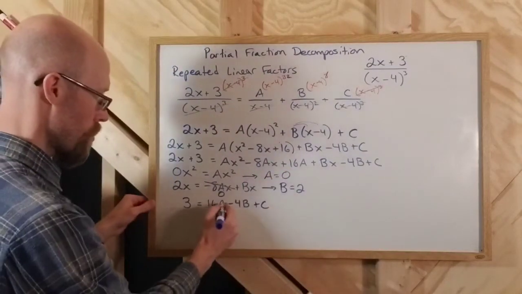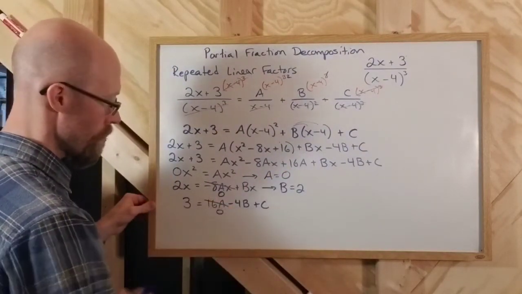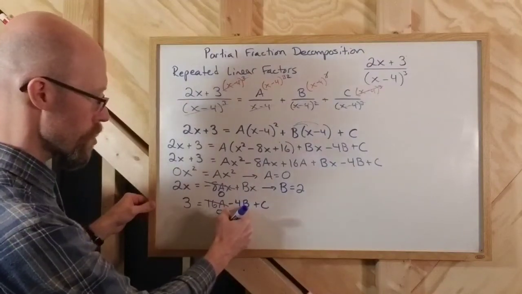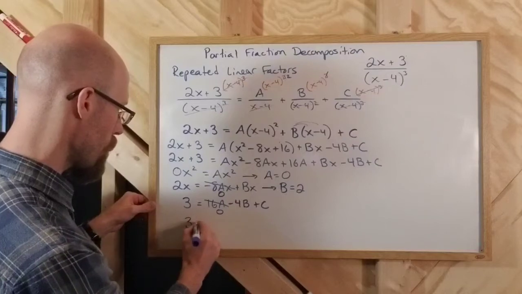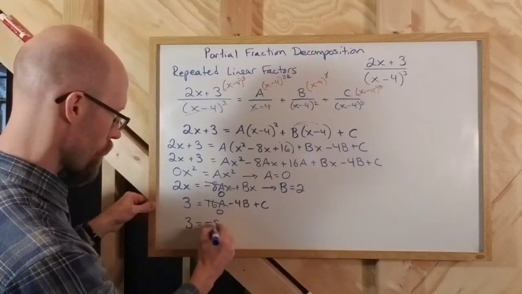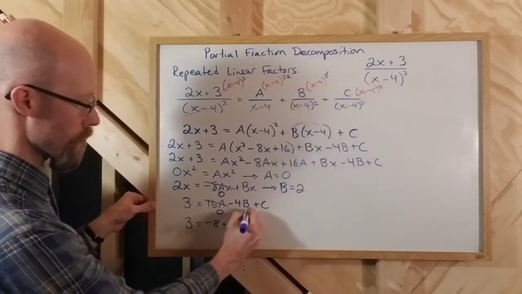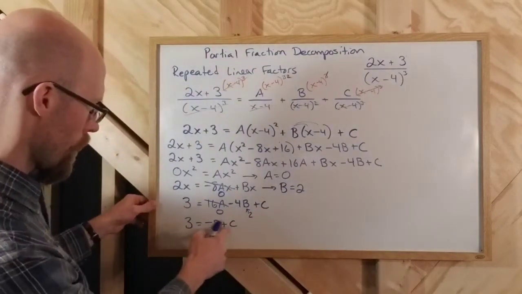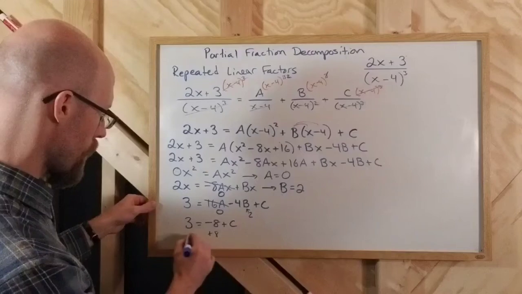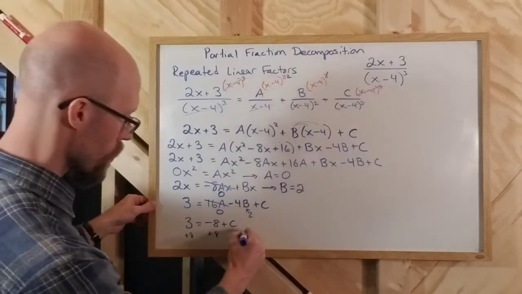So I have a equals 0, b is equal to 2, so this term here becomes negative 8. So I actually have 3 equals negative 8 plus c, right? If I put the 2 in for b. And of course, by adding an 8 to both sides, my c value is 11.